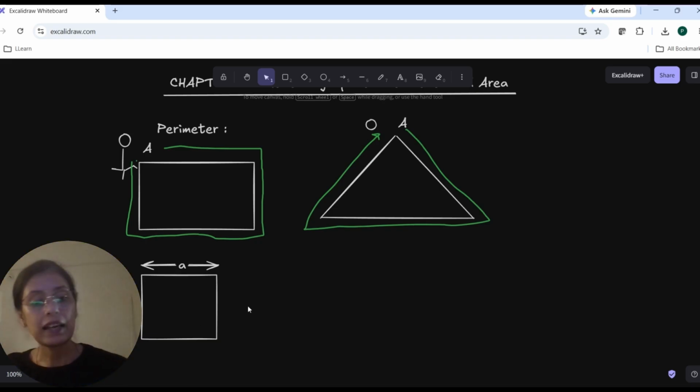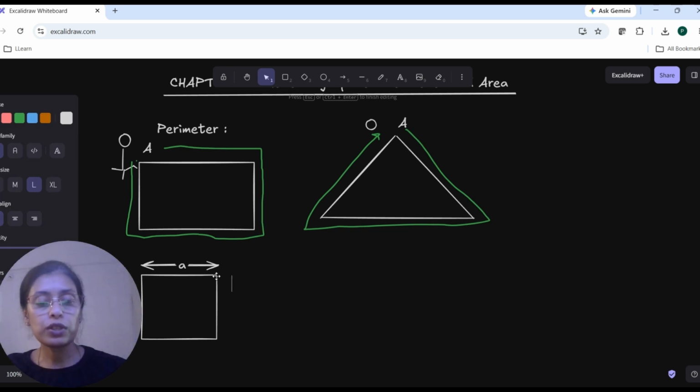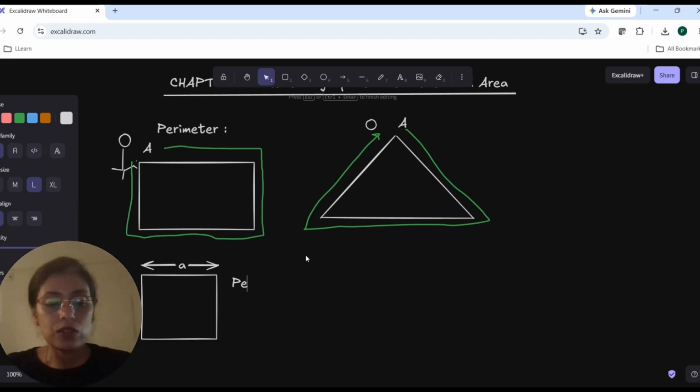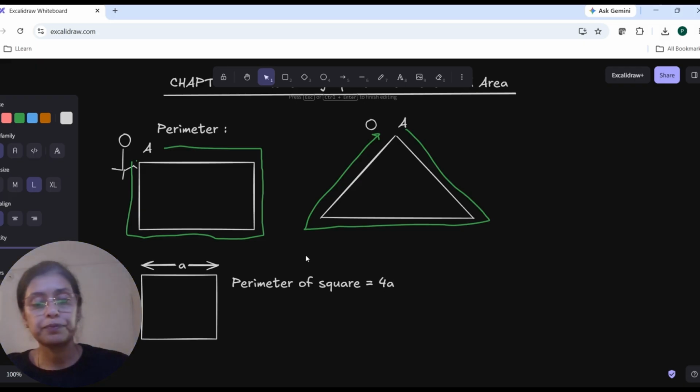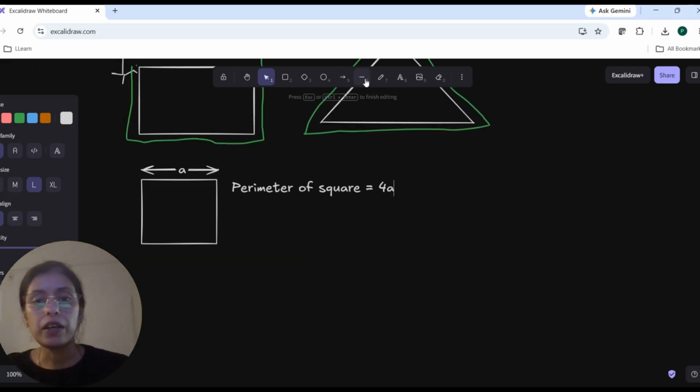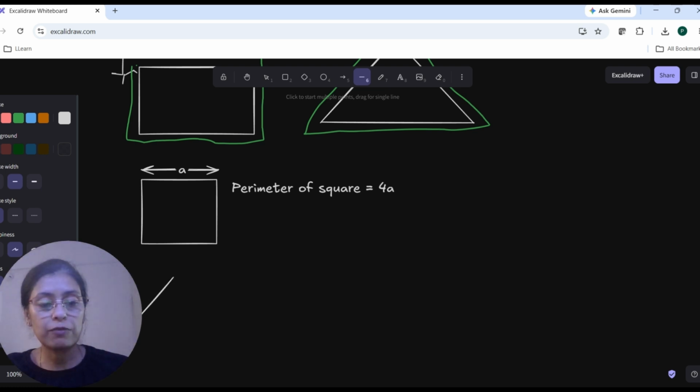This length is A. If you go around this square, you will cover this side A distance, this side again A distance, this side again A distance, and this side again A distance. So that makes the perimeter of the square equal to 4A.